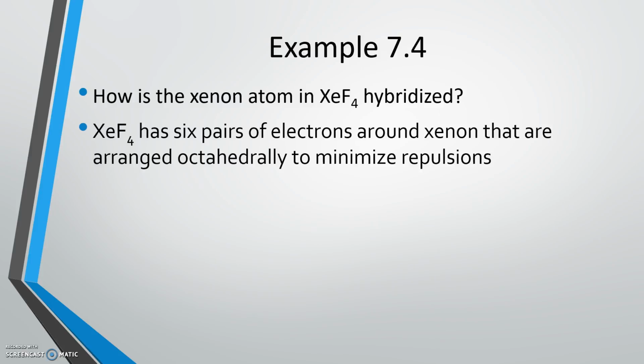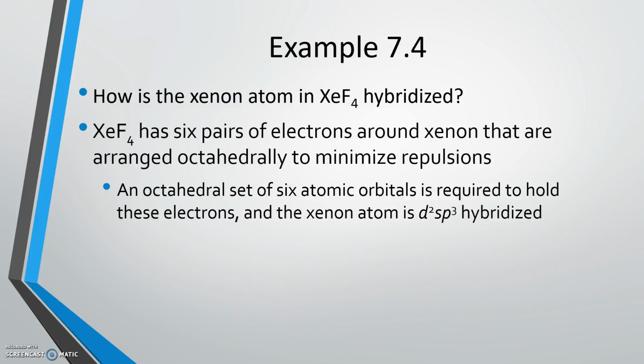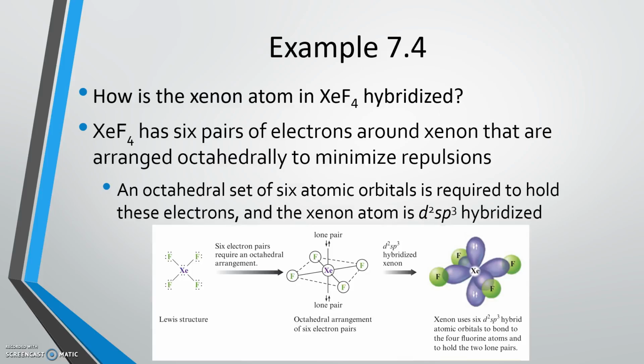tetrafluoride. Xenon tetrafluoride has 6 pairs of electrons around the central xenon that are arranged octahedrally, and so we need a set of 6 orbitals to hold these electrons, and so the central atom is d2sp3 hybridized. So this diagram shows the Lewis structure, the shape that is required, and then the hybridization of the central atom.